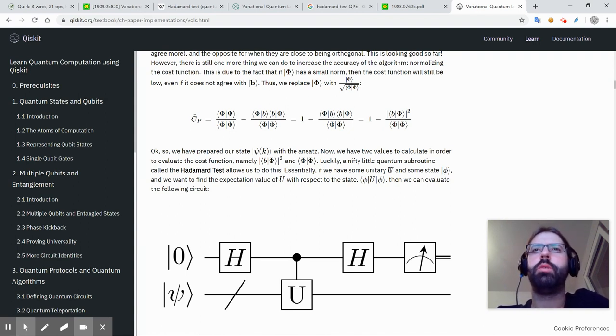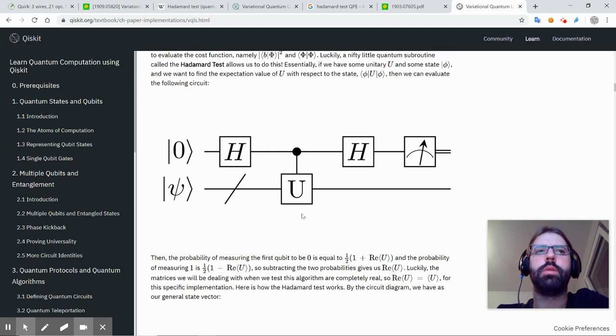Essentially, if you have some unitary u and some state, we want to find the expectation value of u with respect to the state after applying u. Then we can evaluate the following circuit. Then the probability of measuring the first qubit to be 0 is equal to these, and the probability of measuring 1 is equal to these.